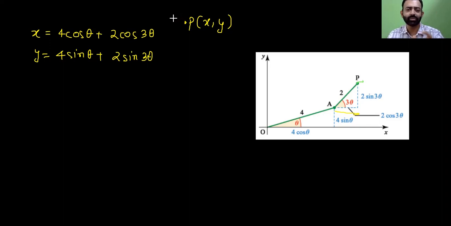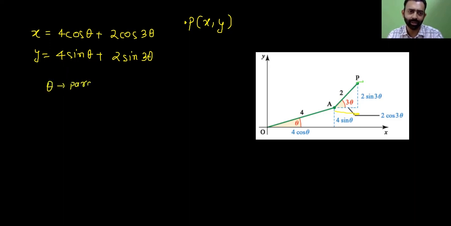In the Cartesian system it will involve two variables x and y, but here x can be written in terms of θ and y also can be written in terms of θ. That means two variables have been reduced to a single variable, which is θ. So this θ is called the parameter.